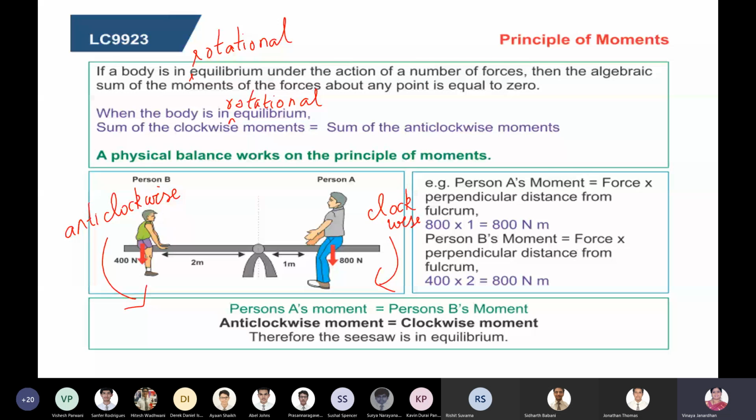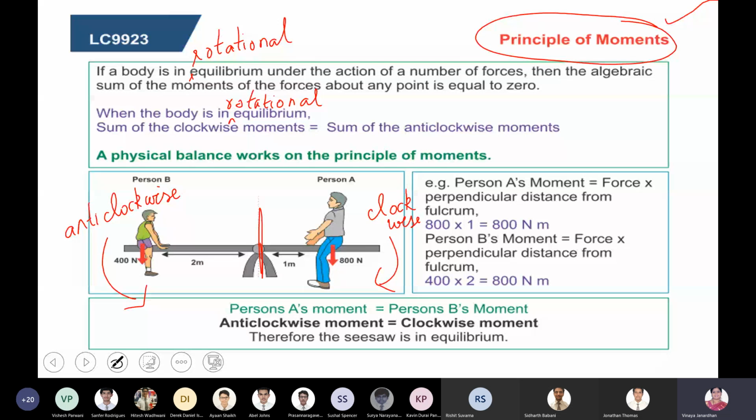So anyway, the principle of moments. What is the principle of moments? Consider the case of a seesaw with two persons sitting on both edges. If the seesaw is neither moving up nor down, which means it is not rotating about the pivotal point, then we call it rotational equilibrium.